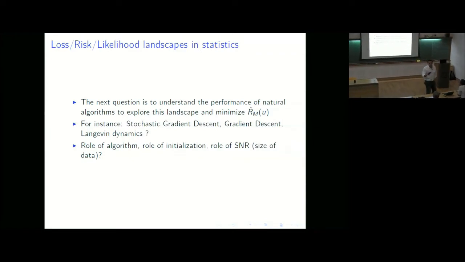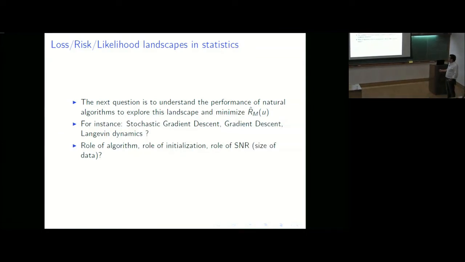You don't know anything. You have no clue. You are in very high dimension, like Mark was saying, trying to find a point up there. You don't know where it is, and you start with something you can simulate, something at random, right? So when you have a very non-informed initialization point, that's really the problem you want to solve. And what is the role of the signal-to-noise ratio? Let's say the size of the data, right? More data, the problem will be simpler, of course.